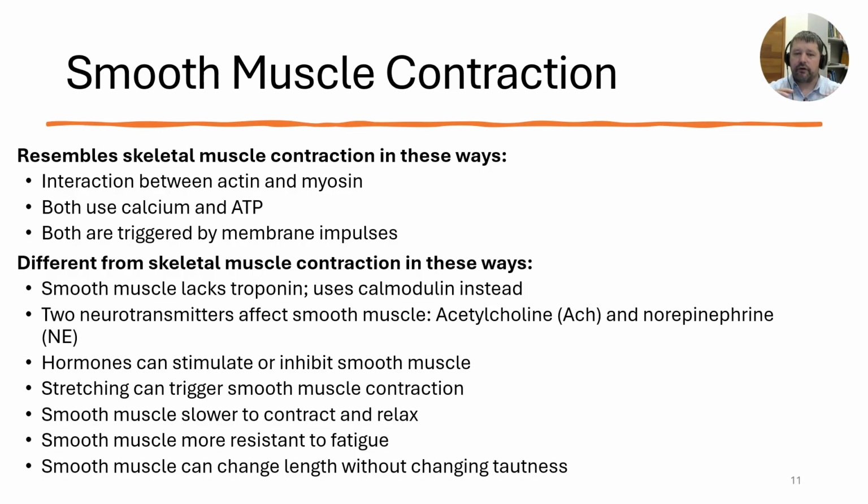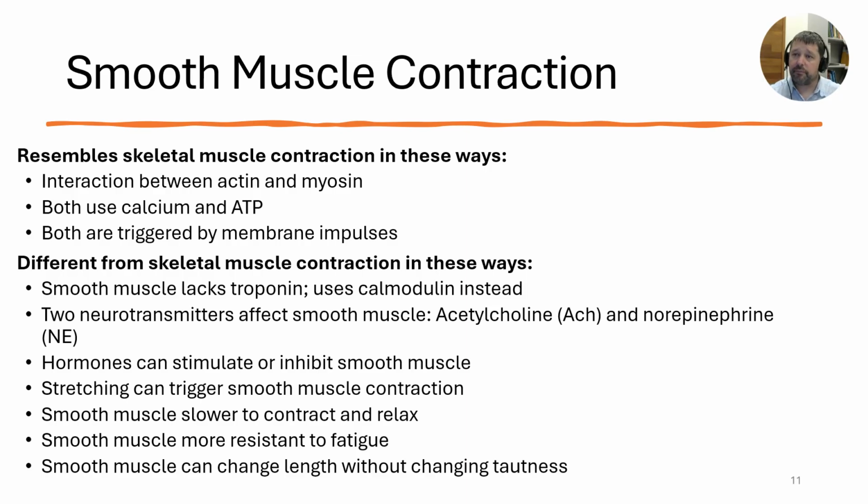When your intestines are stretching to allow material to move, it's not creating a bump like a muscle flexing on one side. So the tautness is not changing.